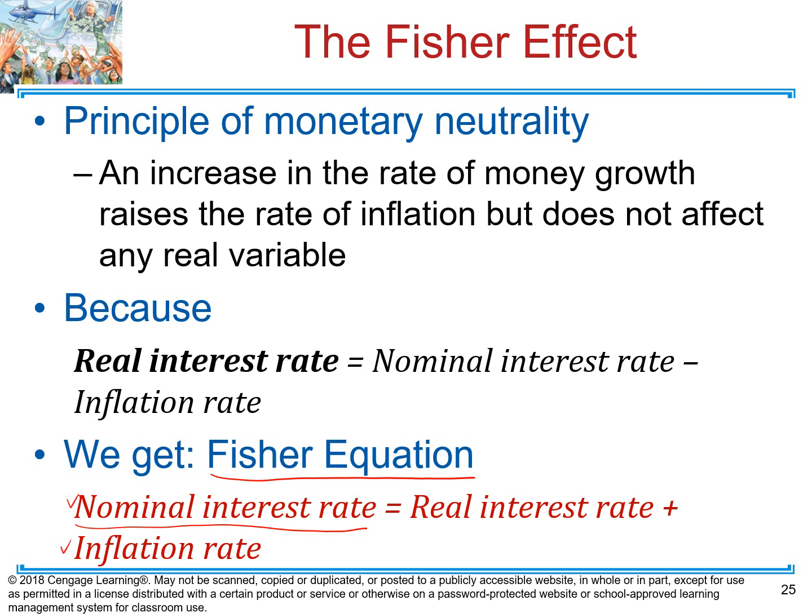He found that the nominal interest rate goes up when the inflation rate goes up. So he figured out the nominal interest rate is the real interest rate plus the inflation rate. The real interest rate is the real value of interest.